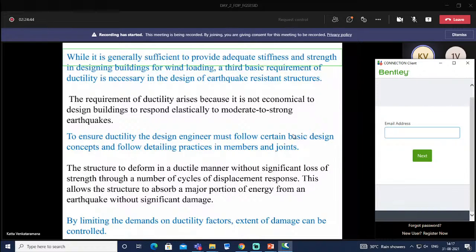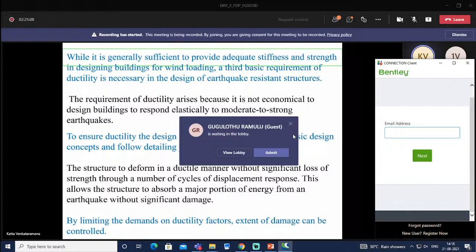While it is generally sufficient to provide adequate stiffness and strength in designing buildings for wind loading, a third basic requirement of ductility is necessary in the design of earthquake resistant structures. The requirement of ductility arises because it is not economical to design buildings to respond elastically to moderate to strong earthquakes.